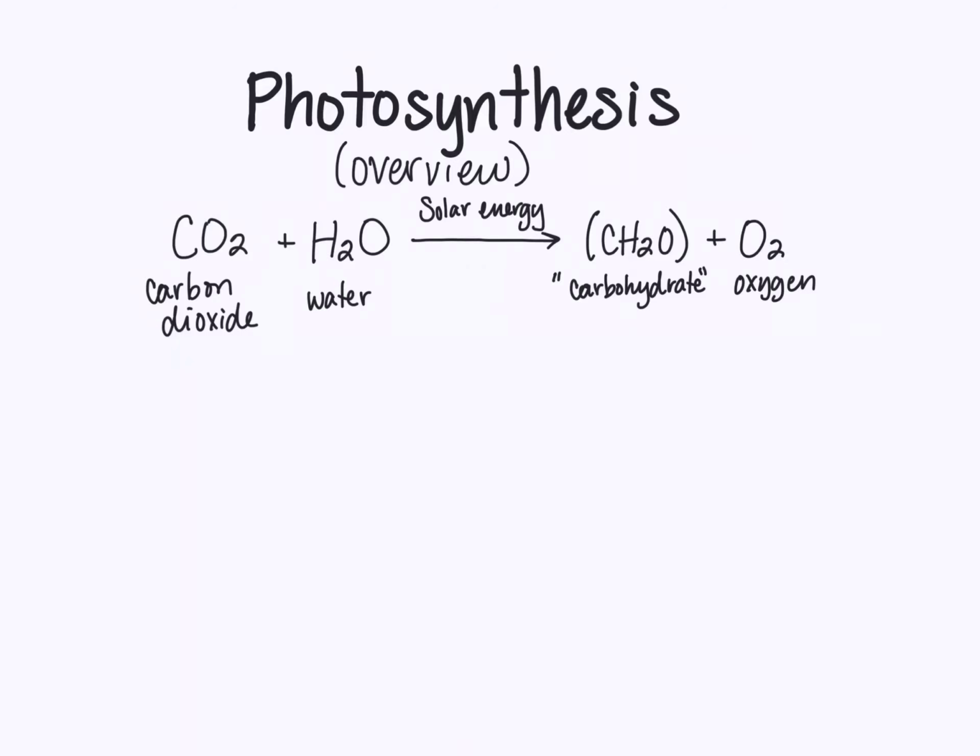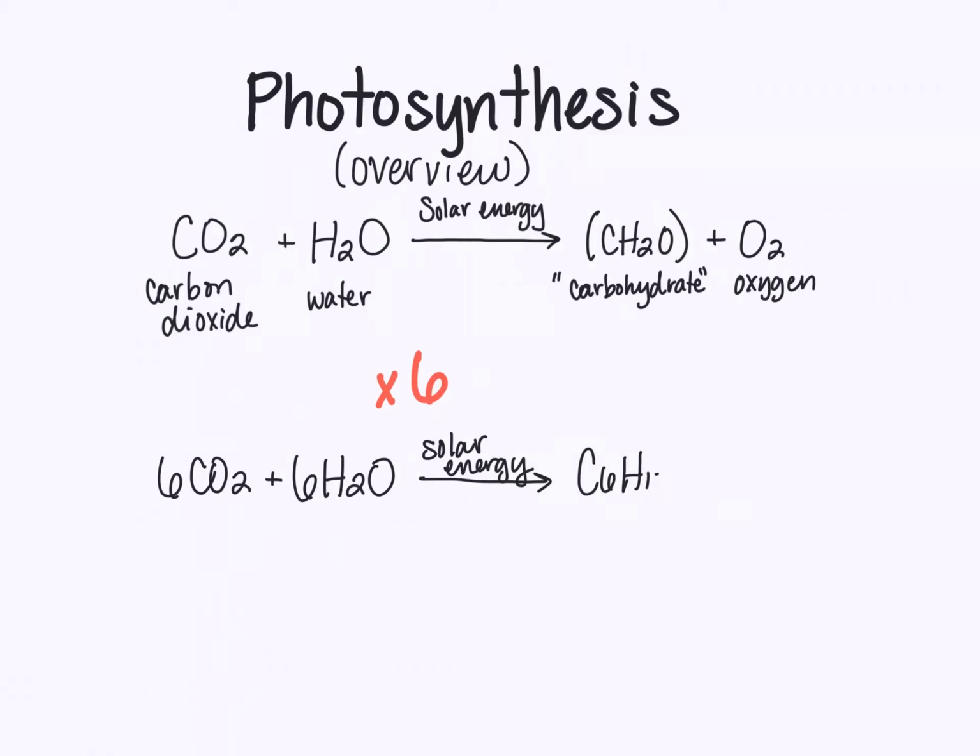So if we say times 6, what we would end up with is 6 carbon dioxide molecules and 6 water molecules being used with solar energy as a catalyst to form the carbohydrate specifically known as glucose, which would be C6H12O6, and 6 molecules of oxygen.